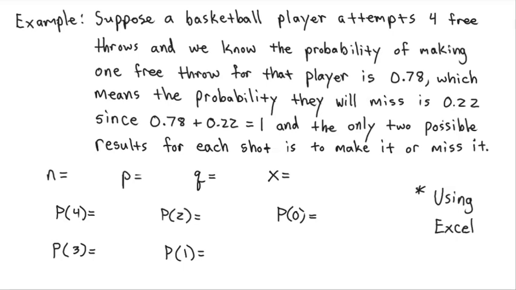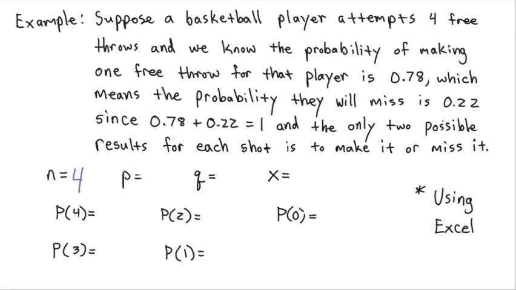And in order to do this, we need to identify the N, the P, the Q, and the X's are identified here, 0, 1, 2, 3, and 4, okay? And technically, to use Excel or almost any statistical package, you don't need to actually identify Q because Q is automatically identified when you identify P, okay? So in this case, N, the number of trials, is 4 free throws.